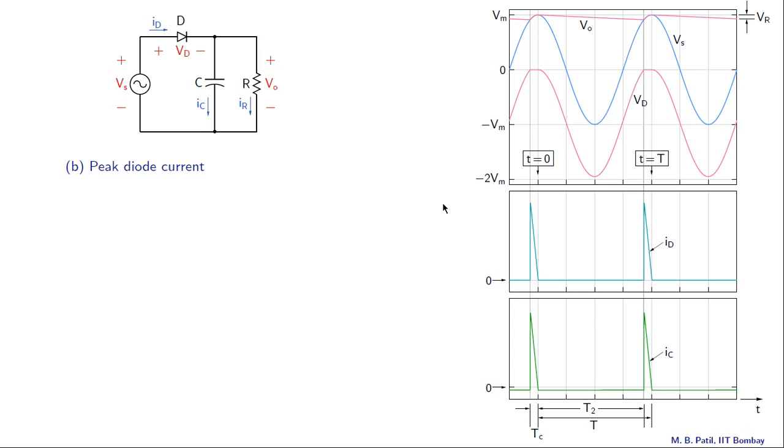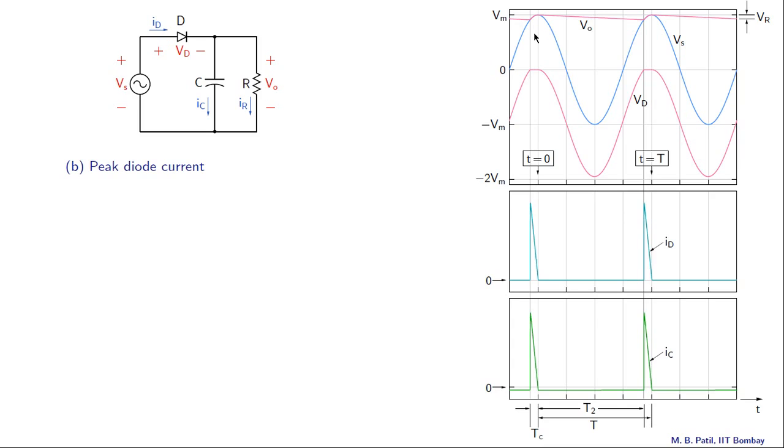To answer those questions, let us once again look at the interval in which the capacitor is getting charged. That is when the diode is conducting, this interval here. And we are interested in finding the maximum value of dVs/dt in this interval. So this is how Vs varies.